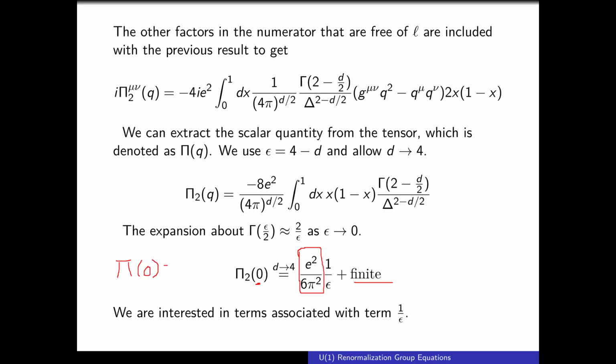This should actually be 0 based on the way we set things up. It's like an initial condition, a boundary condition. So just the second order one gives us this, and we're only interested in this. This is going to be a point of interest for future calculations, and we'll see why.